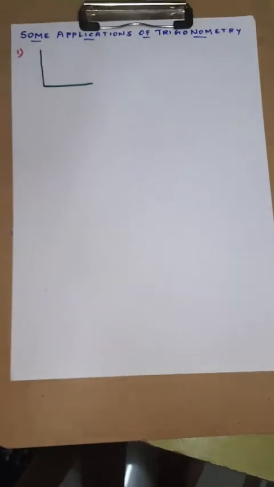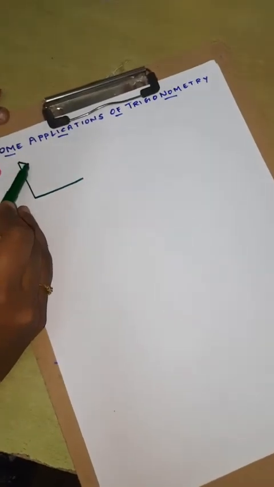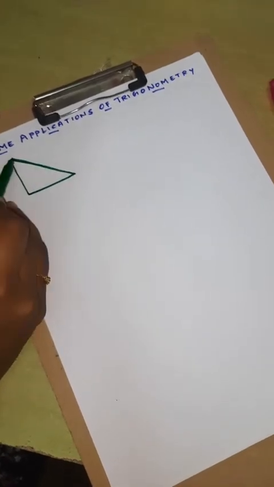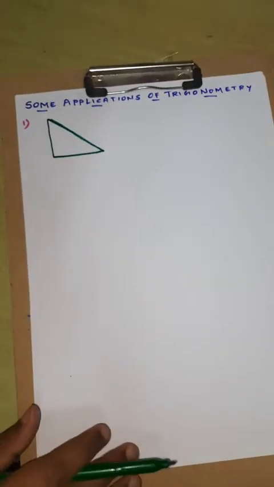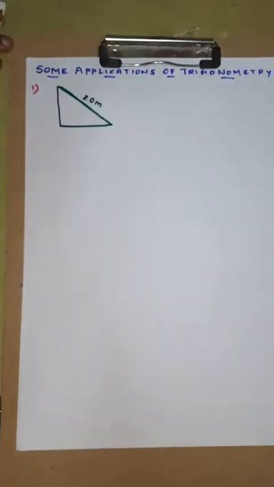And it is given that a 20 meters long rope is tightly stretched and tied from the top of a vertical pole to the ground. This is the top of the vertical pole to the ground. It is tightly stretched and tied in this way. So you get a triangle of this sort. And it is given that the rope length is 20 meters, right?